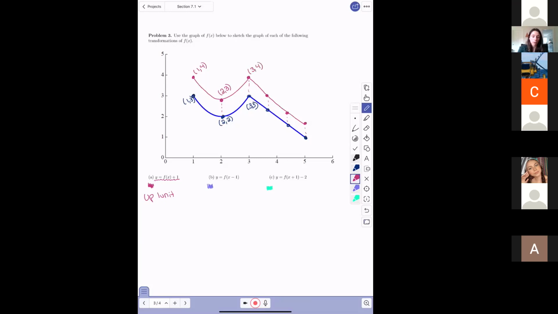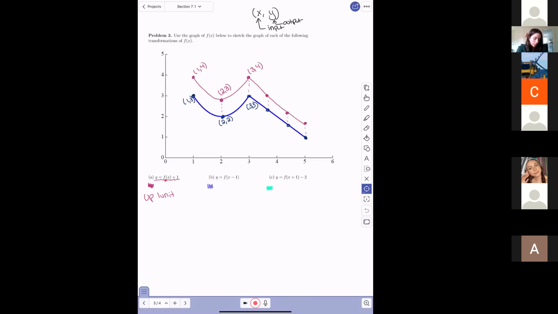When we talk about coordinates, if we have x, y, this x value we call the input, and the y value is called the output. Well, they have many names, right? Independent, dependent, input, output. But notice that when we shift up 1 unit, only the output changes.